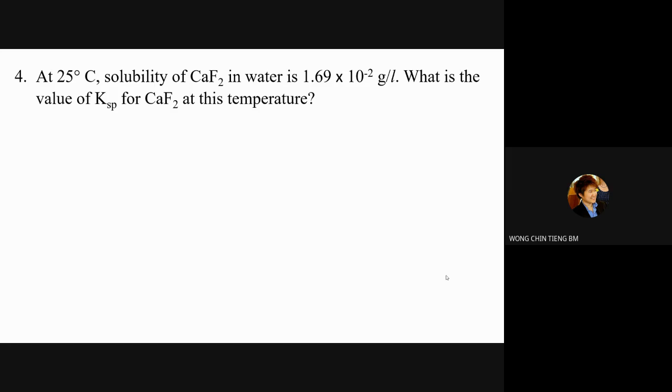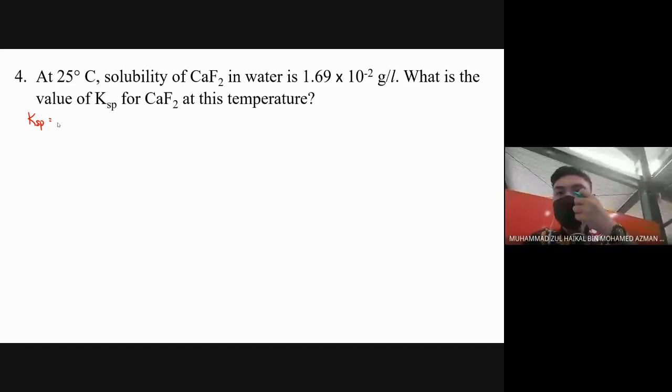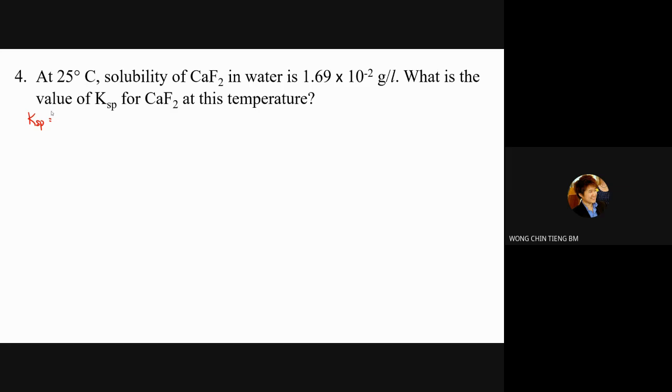So yes, Zul, can I have the answer of your Ksp, please? I want it fast but I want it correct. Times 10 to the power of? There's no times 10 to the power of. Oh God. Zul, I want your answer. Miss, I'm doing it. Oh, doing it. Okay. A bit faster.